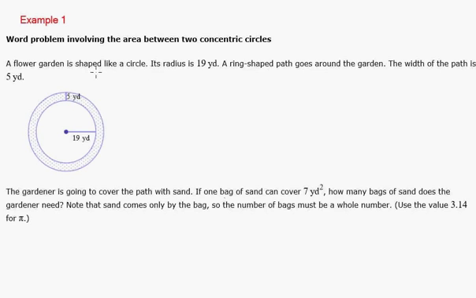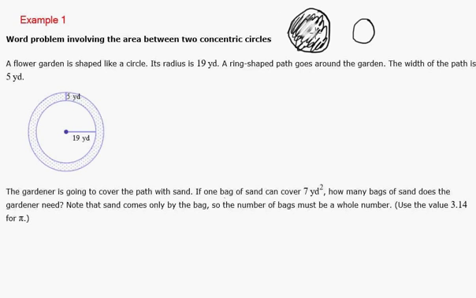Think of it as a circle. Let me just draw a circle over here. We can find the area of the entire circle. Then think of it as having a smaller circle inside, and we're going to cut that circle out.